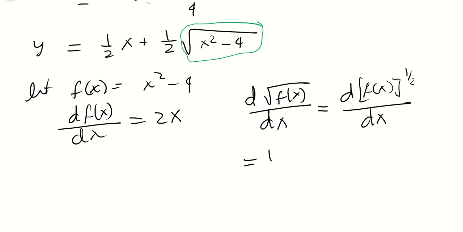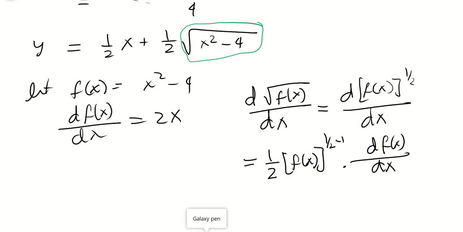Bring down the exponent 1 half and copy f of x, then 1 half minus 1. Chain rule, we still need to multiply the derivative of f of x with respect to x, and this is actually equal to 2x here. 1 half minus 1 is negative 1 half, and f of x is equal to this one.